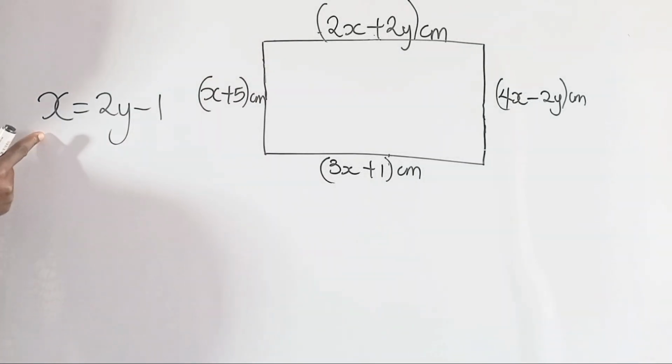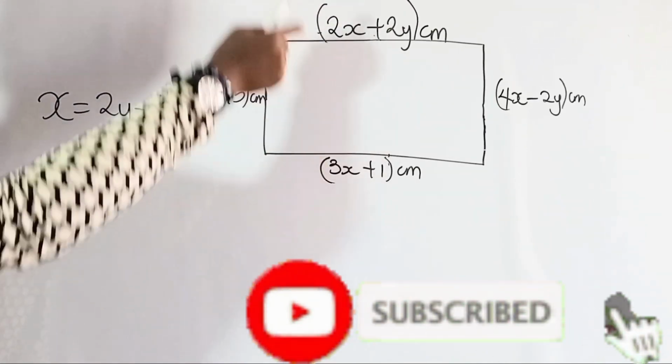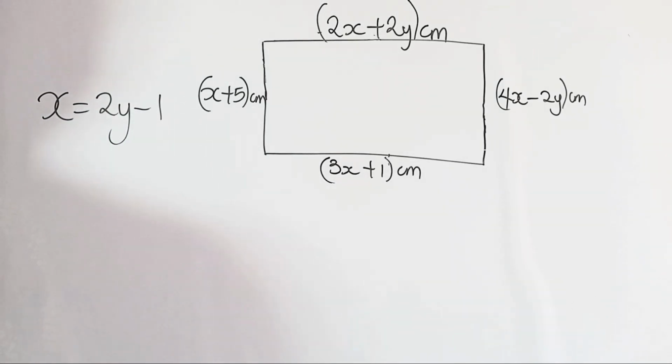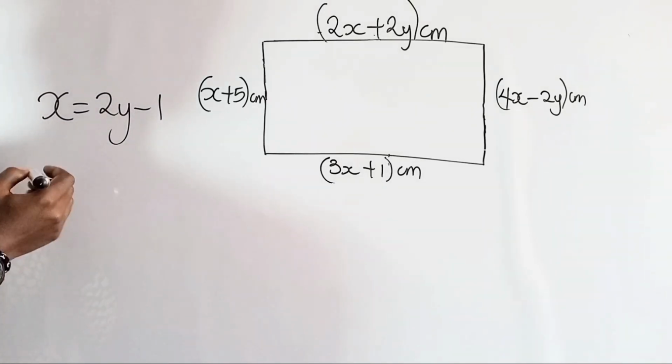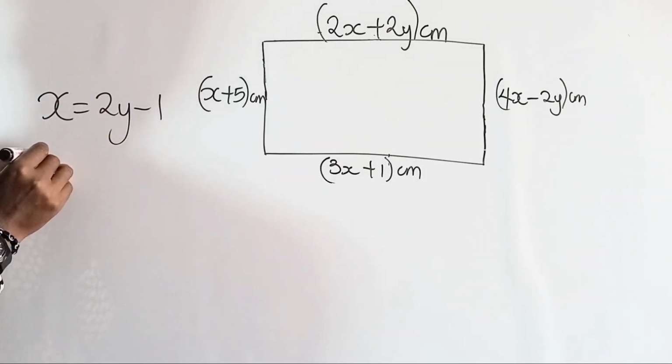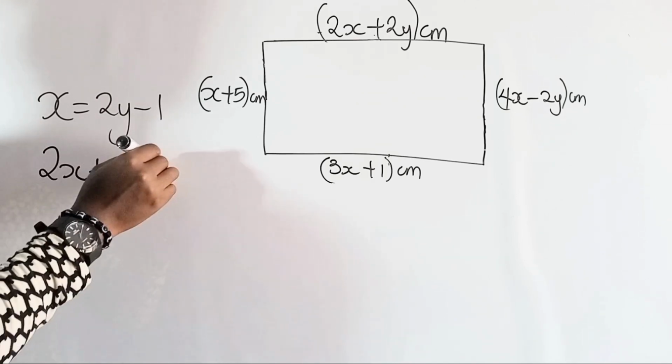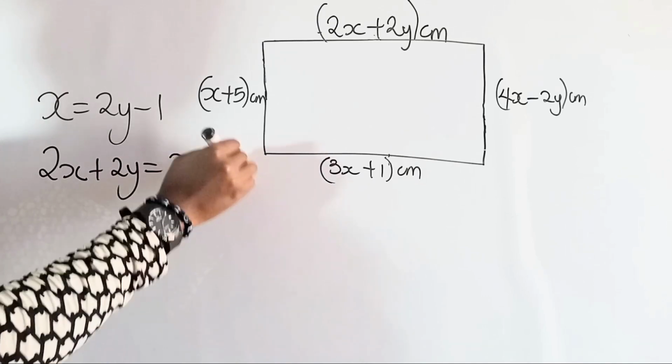Now, let's substitute 2y minus 1 for x in this same length measurement so that we know the actual value for the length. The original equation we had was 2x plus 2y equals 3x plus 1.